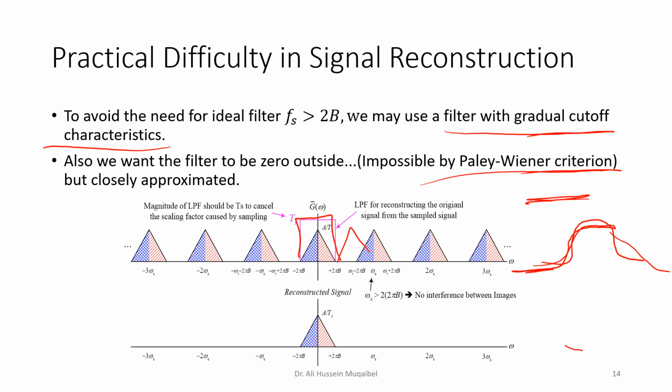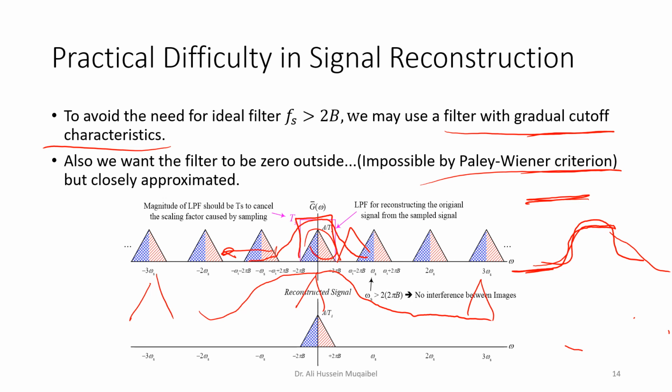We just want to say that you have a problem here and you have a problem there, because if your filter is gradual, your signal is going to be affected and the next image will be involved. So you better push this to the side by sampling at a higher rate. You get one triangle here, another triangle here, a third triangle here. So your filter characteristics will be less important. Even if it goes close to zero, you would still get a very good response.